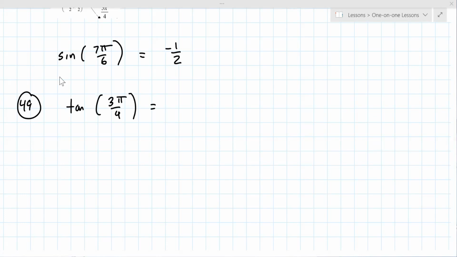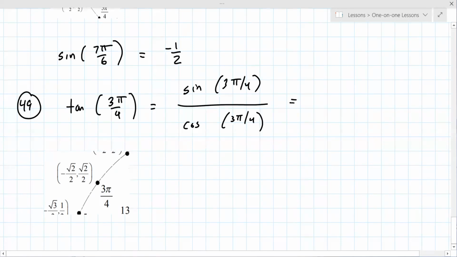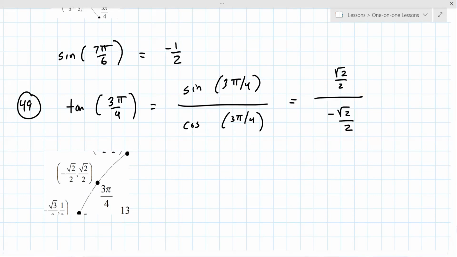You're going to need both the y and the x values, because it's sine over cosine: sine 3 pi over 4 over cosine 3 pi over 4. So you need the y value, square root of 2 over 2, over minus square root of 2 over 2, which ends up just being -1.